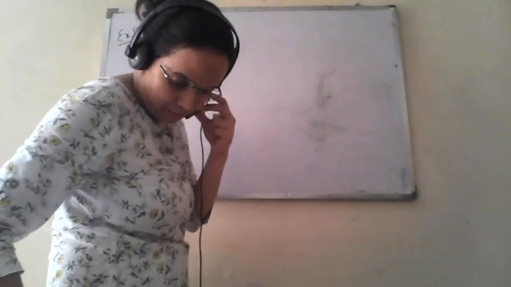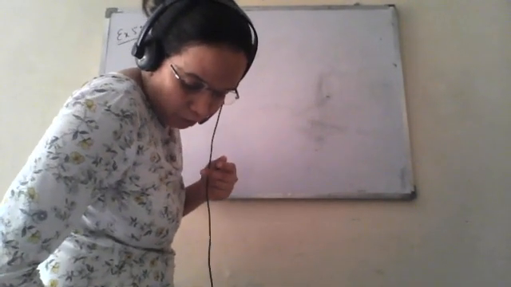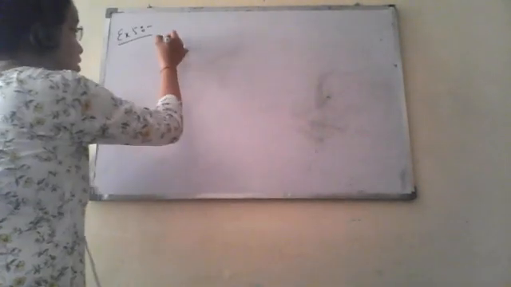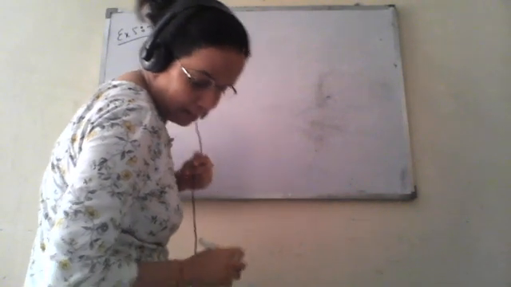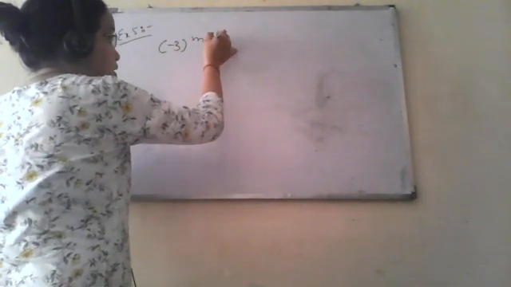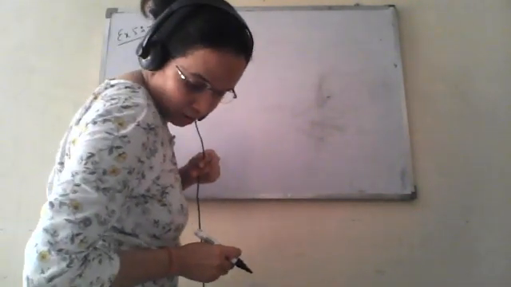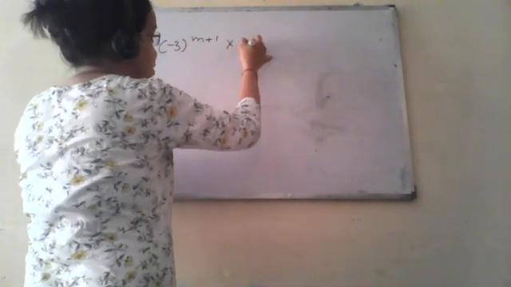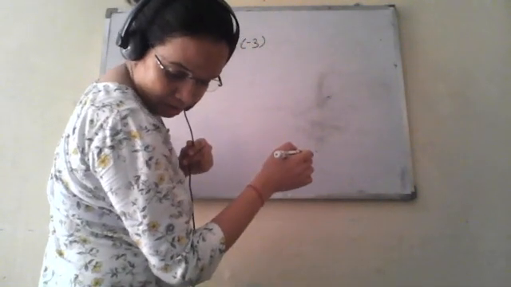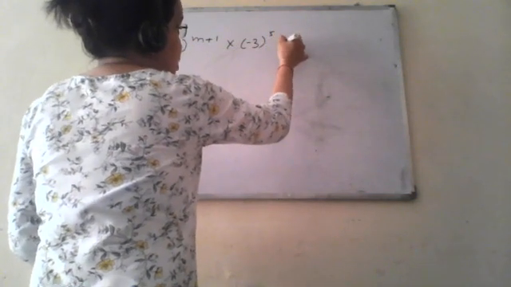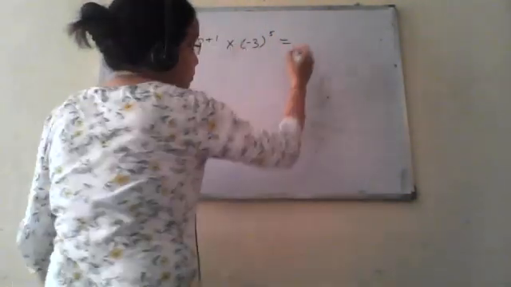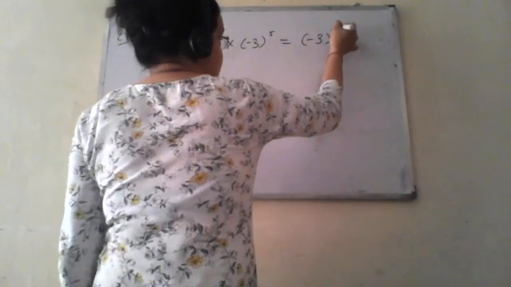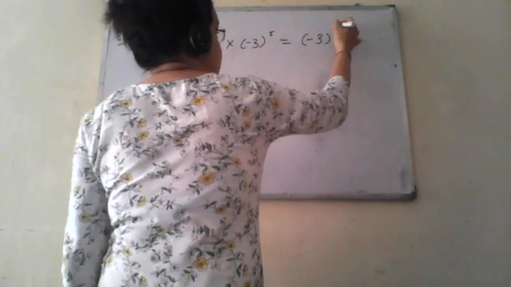Now what is example 5? We have to find the value of m so that minus 3 raised to the power m plus 1, into minus 3 raised to the power 5, equals minus 3 to the power 7.